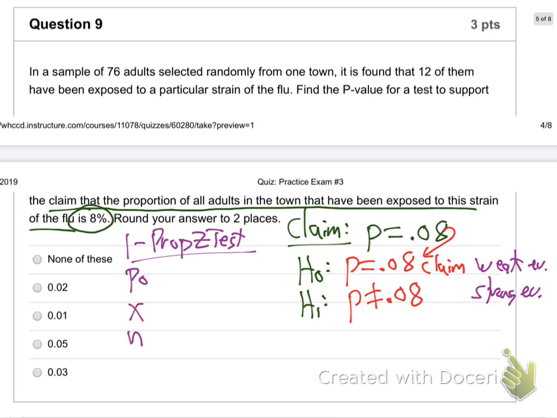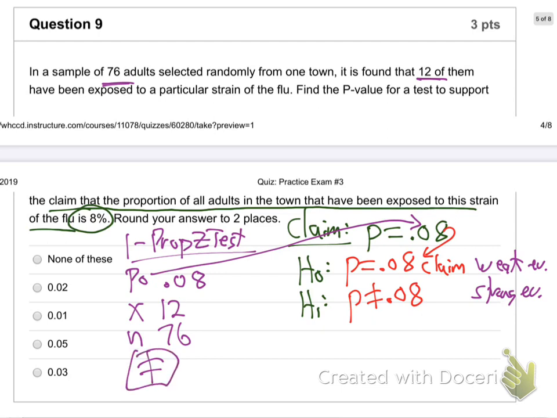So what's P0? Yeah, that always comes from H0, so 0.08. What's X on this one? Got 12 of them have been exposed. N is 76. And at the bottom, not equal. Oh yeah, you got to choose the not equal. That's important, huh? From the H1.